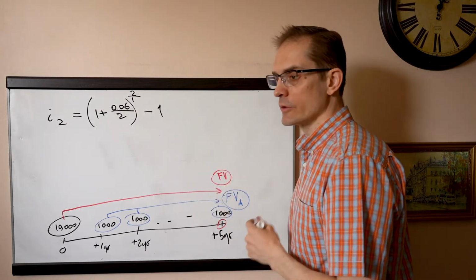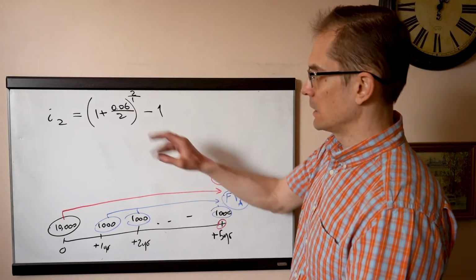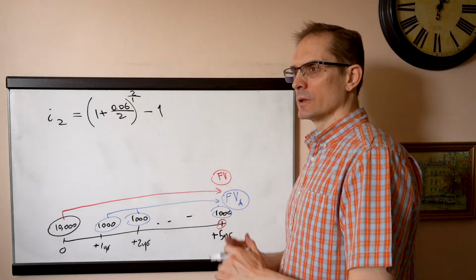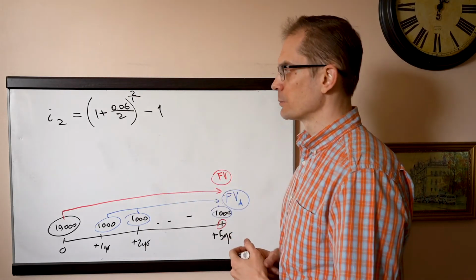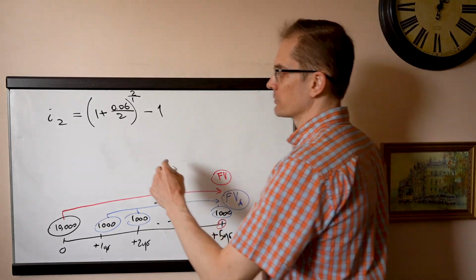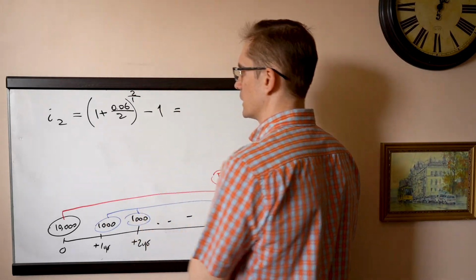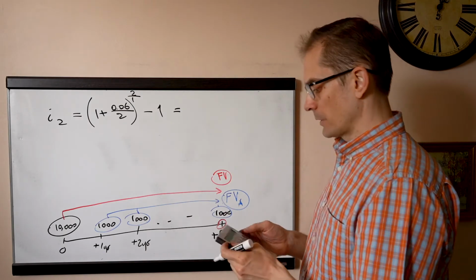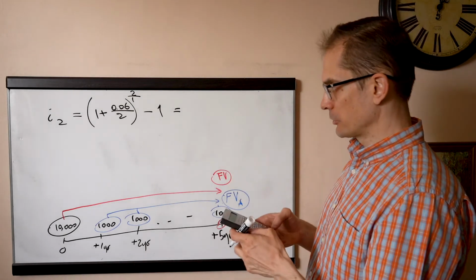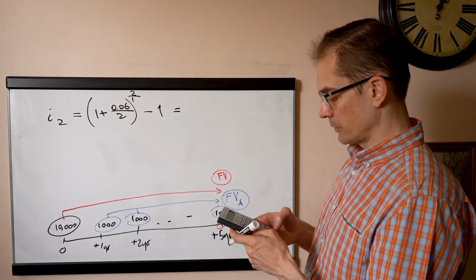So effective rate is the rate compounded annually. We also spoke about some simplified formulas for effective rate, but you can always use this I2 as your general formula. Okay, so this I2 will be computed now.